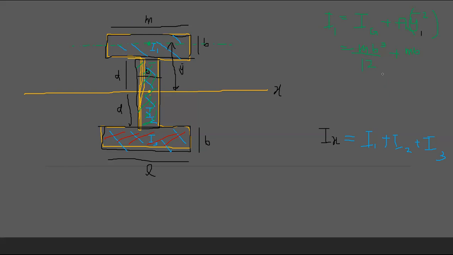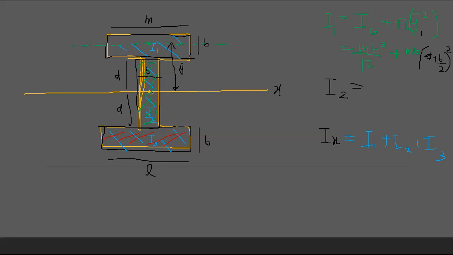Let's call this y bar 1. Y bar 1 is going to be d plus b by 2. So that's done.